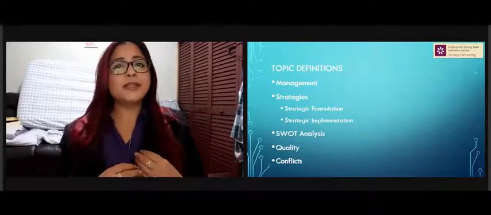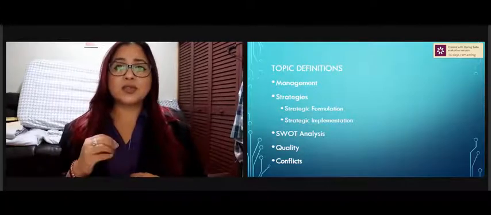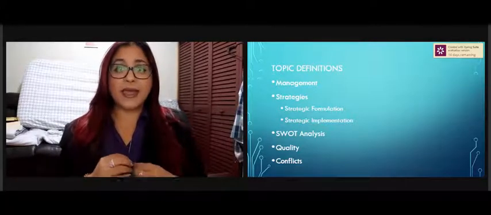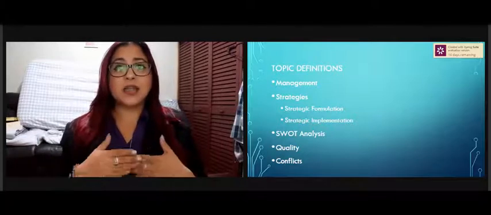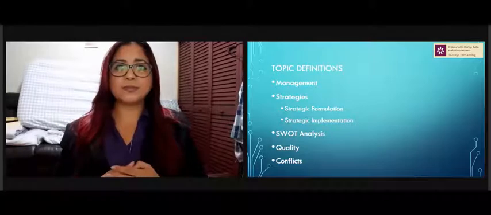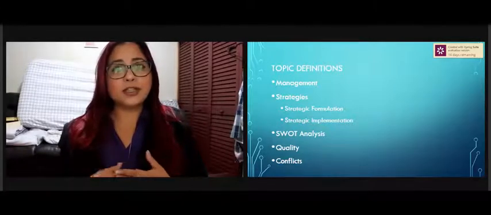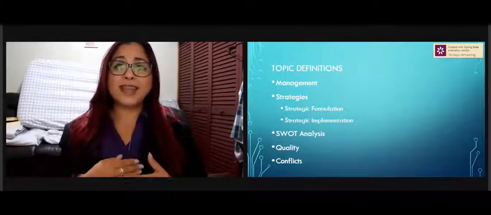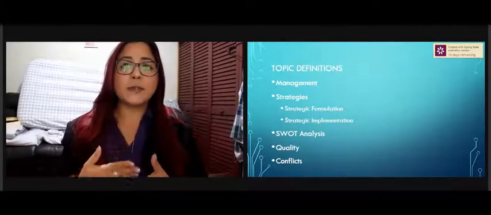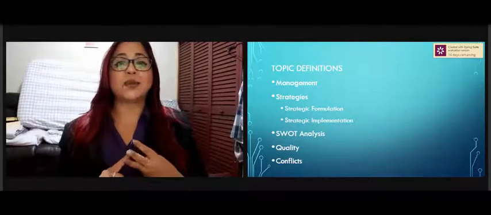The determination and creation of strategies is called strategic formulation, and the process in which they are executed is called strategy implementation. The SWOT analysis is the formulation of strategies by taking into consideration the company's strengths, weaknesses, opportunities, and threats.